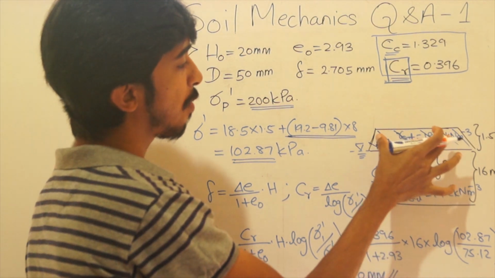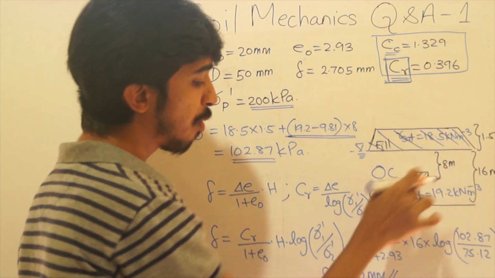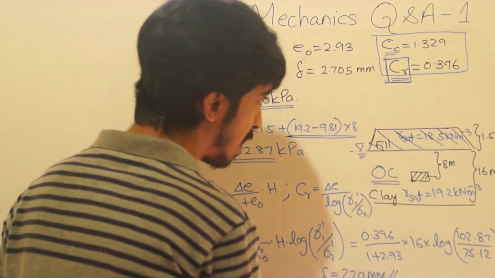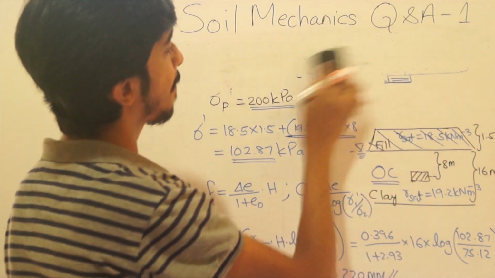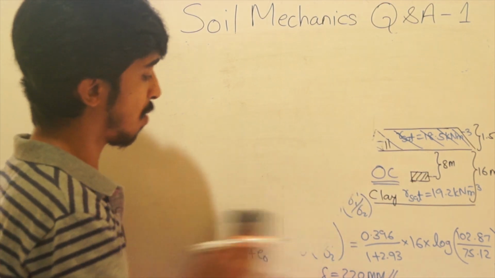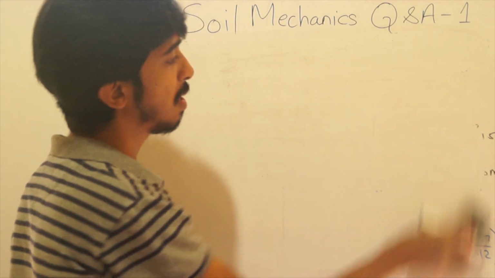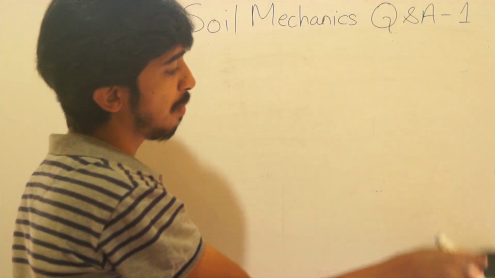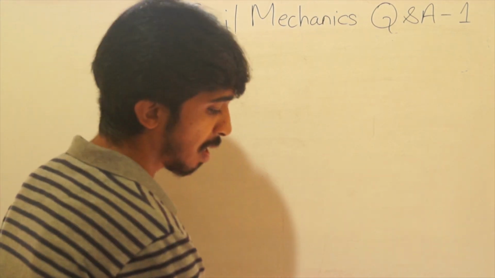So the load from the fill will be exactly the same as we move along the depth. But in the case of the next question, where we are using a finite load like a raft foundation or a pad footing, where it is a small load, there would be a load dispersion which we have to take into account.